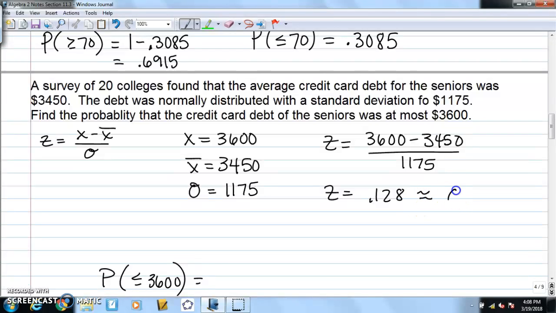So that's approximately 0.1. Look up 0.1 on your table. 0.1 is 0.5398, so 0.5398 is the probability that it is less than or equal to 3,600.